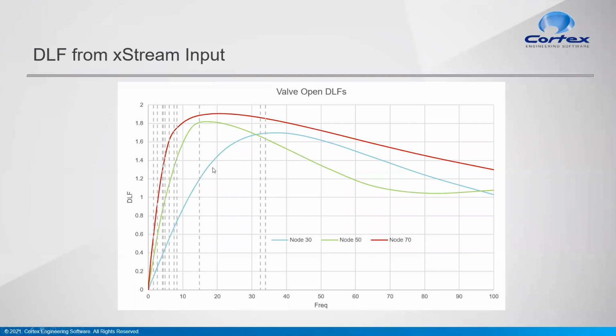You can see that we've got 3 different curves, 3 different pipes. The blue one is the short pipe at the top. Then we have the vertical pipe in green and the long horizontal pipe in red. This is the natural frequency along the bottom, and this is the dynamic load factor on the vertical axis. Each of these dashed vertical lines is a natural frequency of a particular mode.